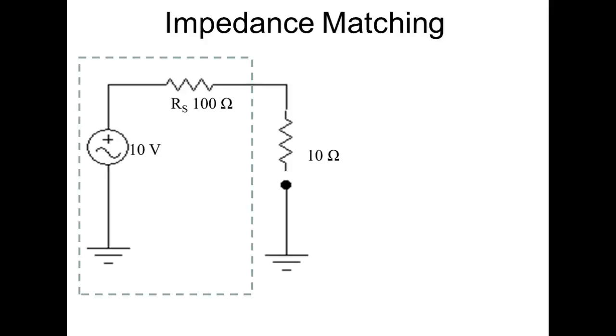So a common collector has a high input impedance and a low output impedance. So I can connect a common collector input to a common emitter amplifier, because a common emitter amplifier has a high output impedance, and a common collector has a high input impedance, right? Does that make sense? I can connect the output of a common emitter to another common emitter.